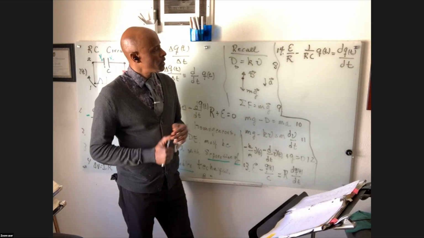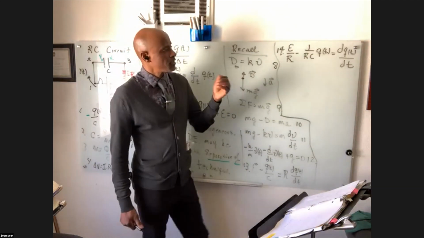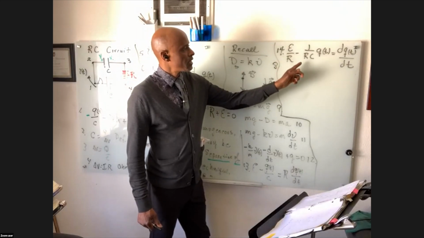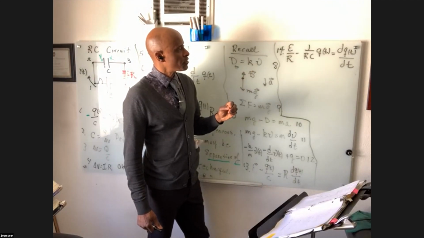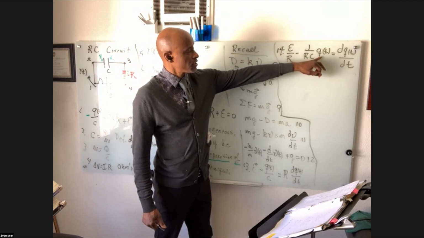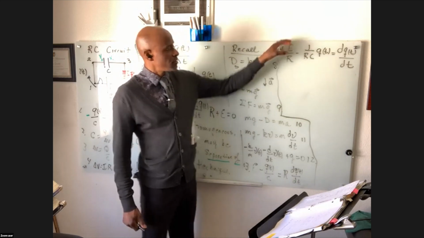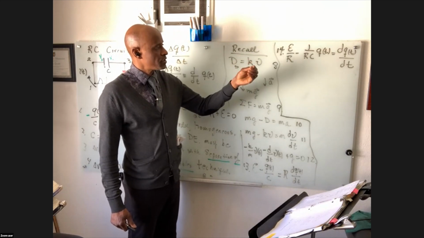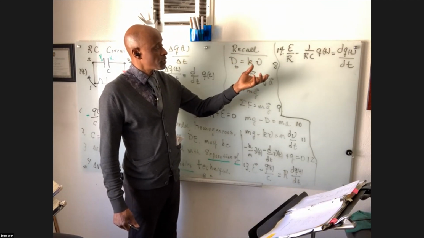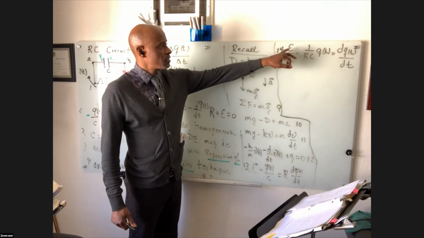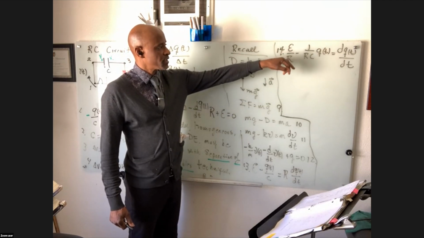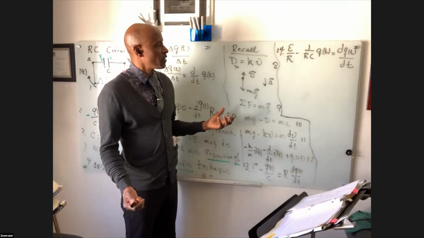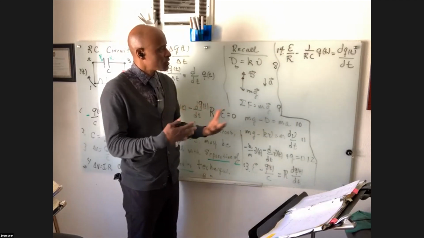If you look at a unit analysis, everything on this left side really is associated with charge. This clearly is charge because it's Q, but if you think in terms of Ohm's law, voltage is equal to current times resistance, so current is equal to voltage divided by resistance. So this really is a charge with respect to time, a time-dependent current. So that's kind of associated with charge.